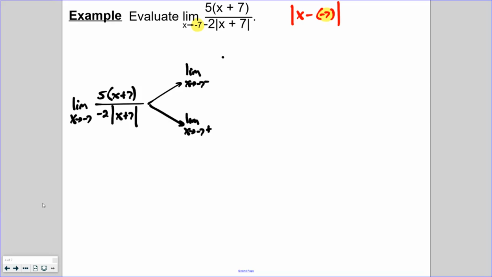So our expression is going to be 5 times x plus 7 all over negative 2 times negative the quantity x plus 7. And then for the limit as x approaches negative 7 from the right, we're going to choose the positive piece of our absolute value function. So we'll have 5 times x plus 7 all over negative 2 times x plus 7.